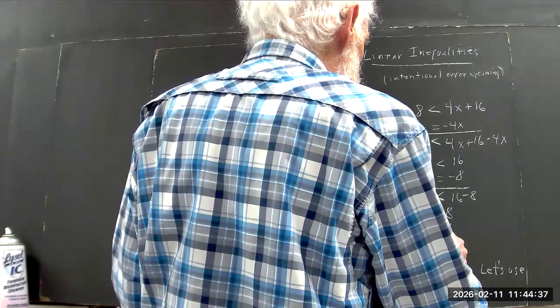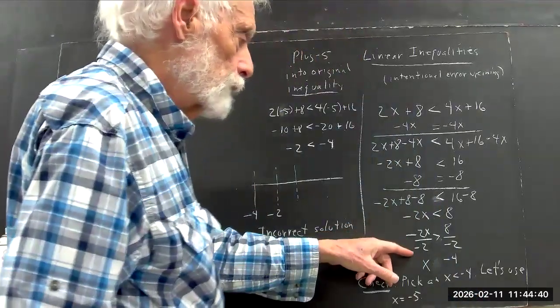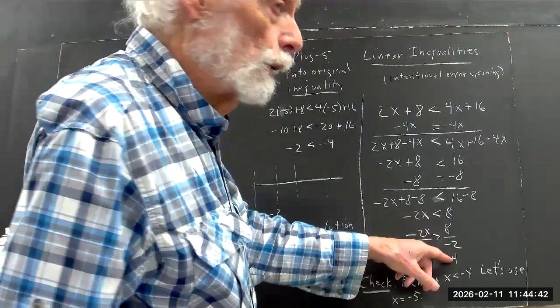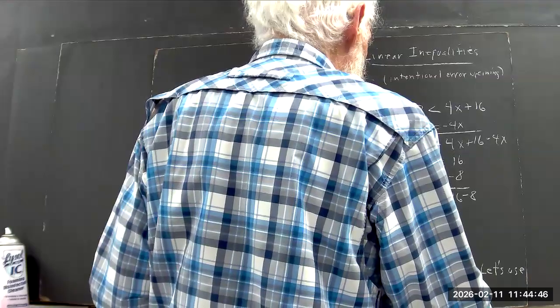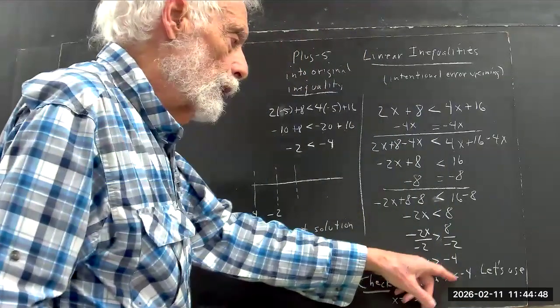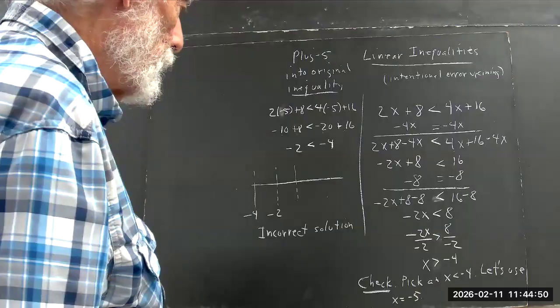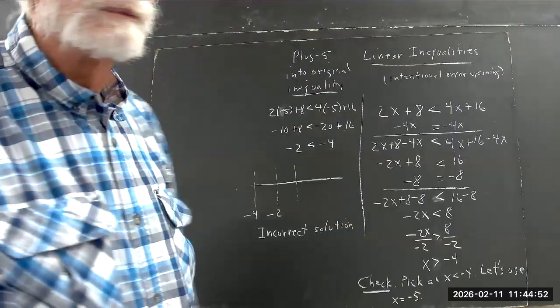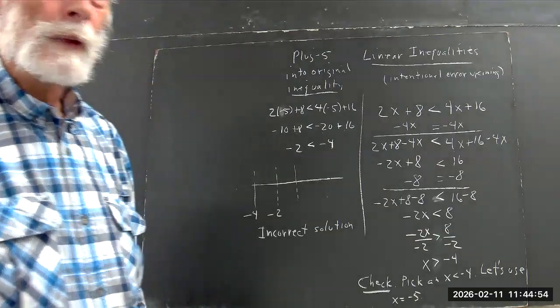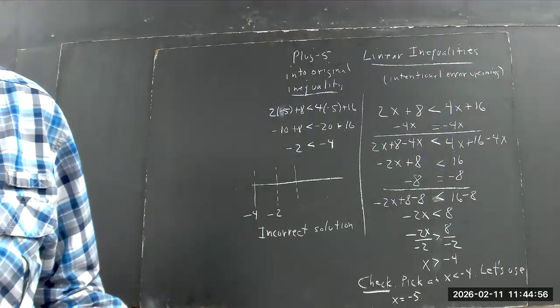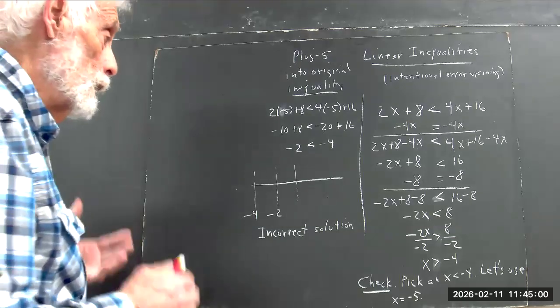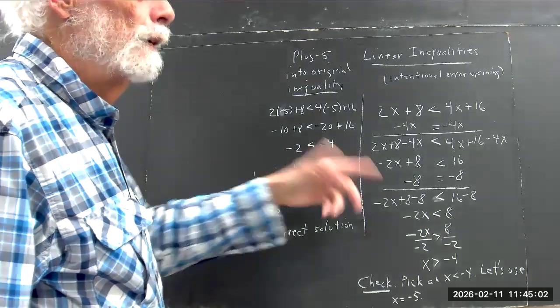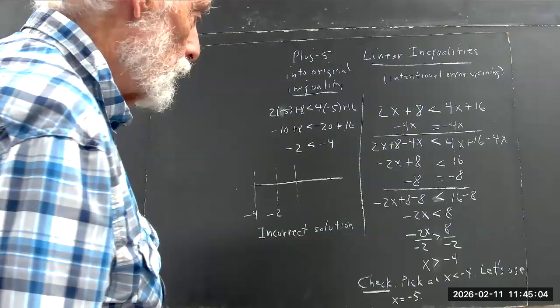So that step should have been -2x over -2 is greater than 8 over -2. So that x is greater than -4. So that's very simple. You just have to remember to do it. You just have to remember if you multiply or divide by a negative quantity, you've got to reverse the inequality.